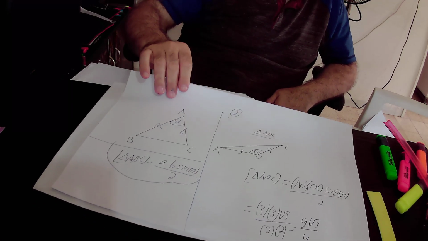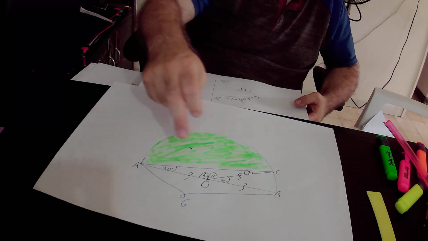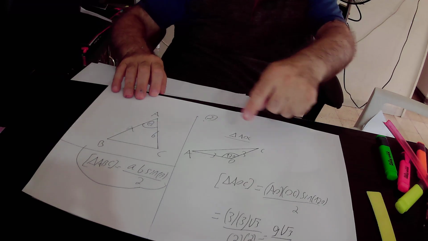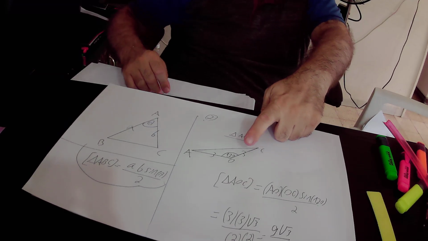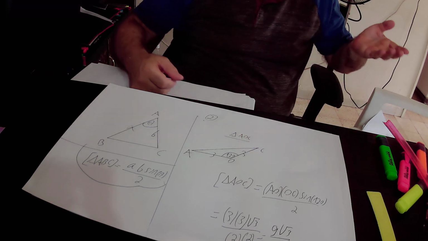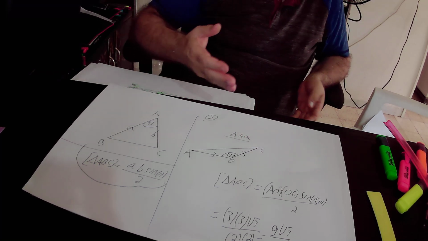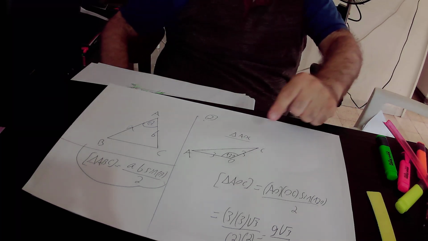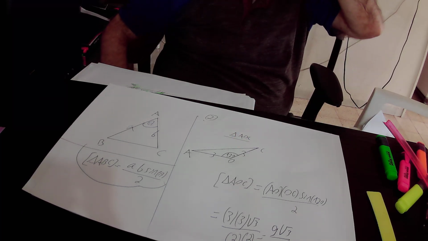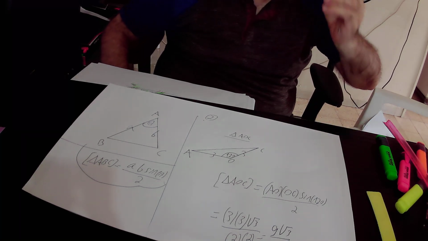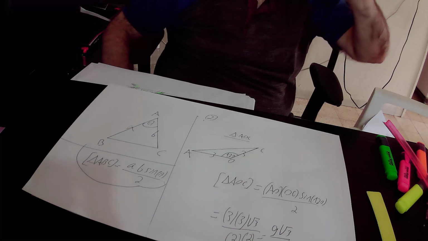We use the new formula in order to find out the area of triangle AOC. So I copy triangle AOC here. AO equals 3, CO equals 3, and the angle between side AO and side OC is 120 degrees. So according to the formula, the area of triangle AOC equals AO times OC times sine 120 degrees over 2. AO is 3, OC is 3, sine 120 degrees is equal to root 3 over 2, all divided by 2.